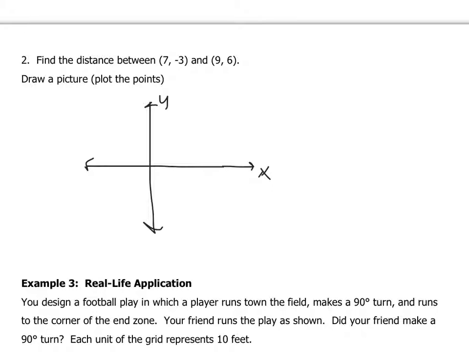And plot the points. So I've got 7, -3, and 9, 6.